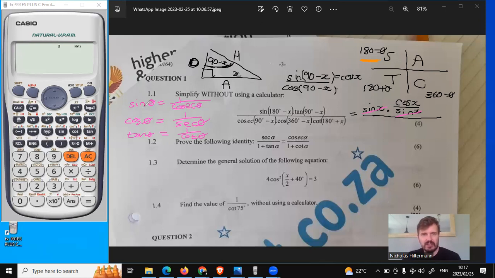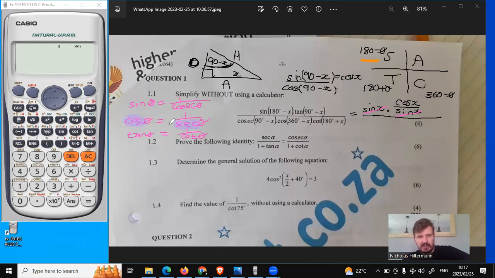The tricky one is confusing sine and cos, but I just remember cosec, and then the other one, sine, must be the cosec one.